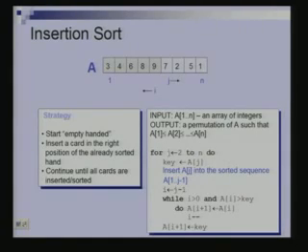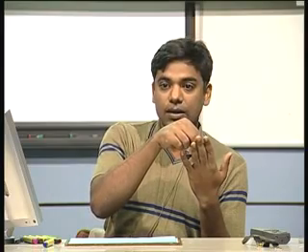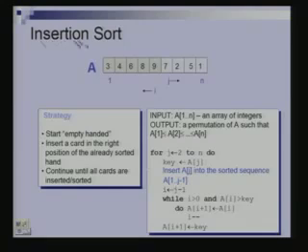Suppose you have some 5 cards in your hand already, let's say 2, 7, 9, Jack and Queen. Then I get an 8. So I'm going to put it between 7 and 9. That's the right place it has to be in. So I am inserting it at the appropriate place, and that's why this technique is called insertion sort. And I keep doing this till I have picked up all the cards and inserted them appropriately in the hand that I have.